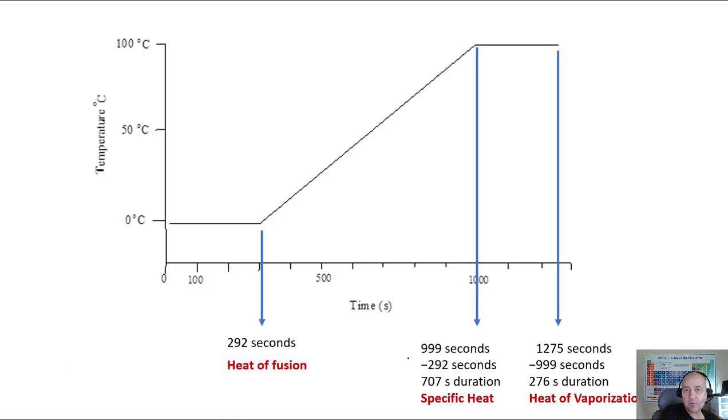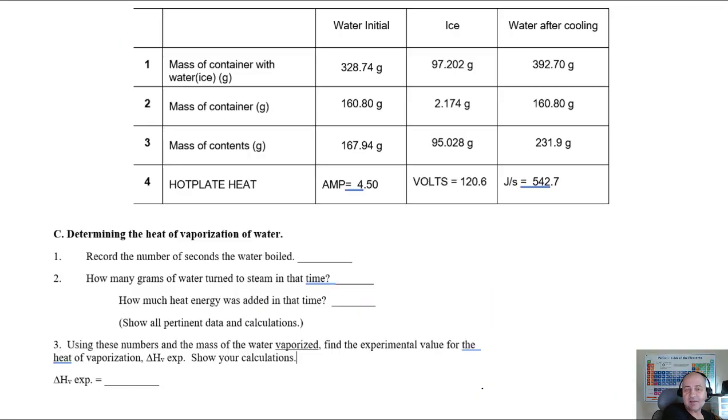And then finally, we're looking at that evaporation part. So now we're evaporating some of this water. The total time this entire experiment took was 1,275 seconds. I subtract the time here, and I get 276 seconds. Again, from the 276 seconds, I multiply that by the fudge factor here, which is 542.7 joules per second.